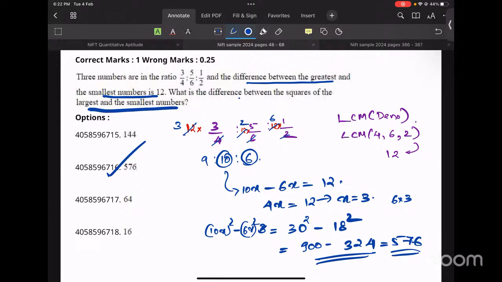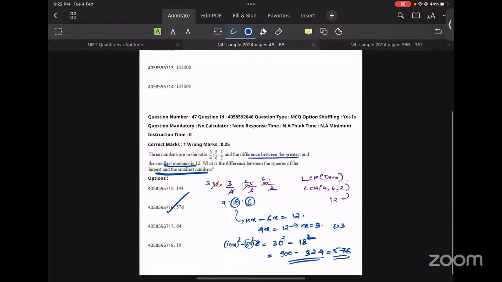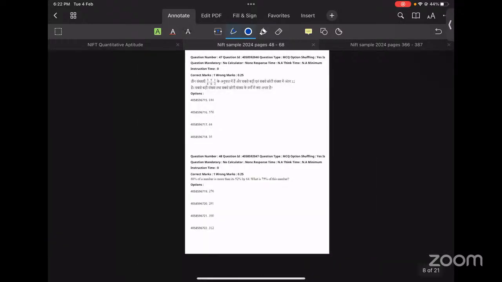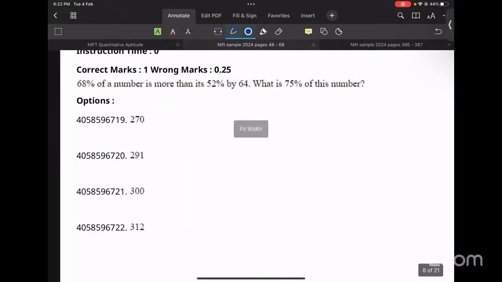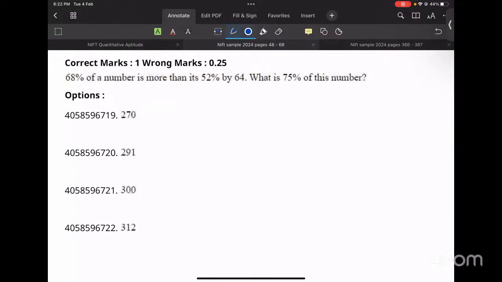So 576 is the right answer. Now we can look for another question. Percentage: 68% of a number is more than its 52% by 64. What is 75% of this number?